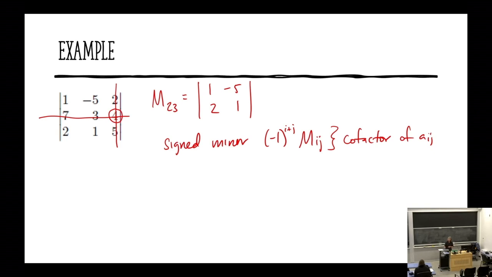And so i plus j is equal to 5. And so the cofactor of 4 is -1 raised to the 5 times M23, which is just -11.